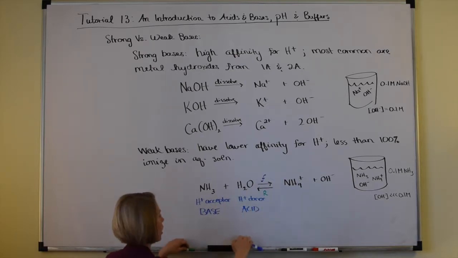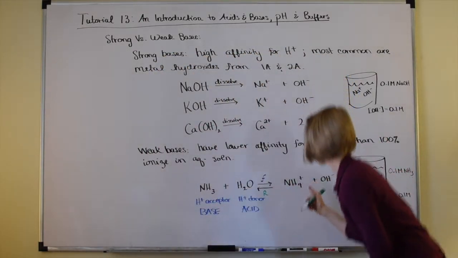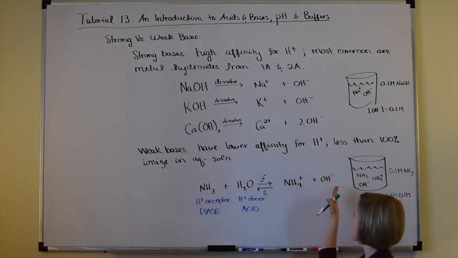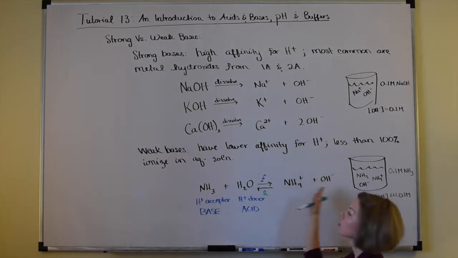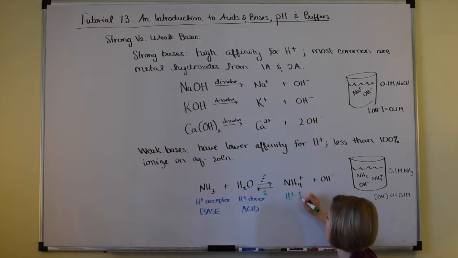Now let's take a look at our reverse reaction. In the reverse reaction, the ammonium cation is giving an H+ back to hydroxide to form water and ammonia. So our ammonium cation is the H+ donor, or the Bronsted-Lowry acid.